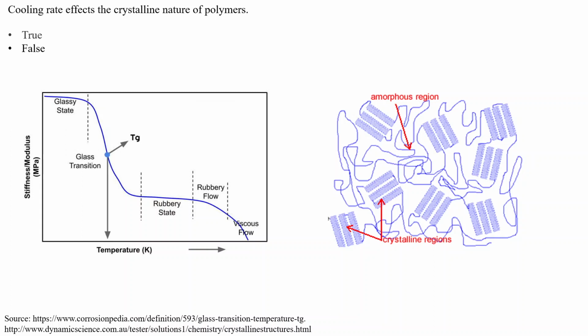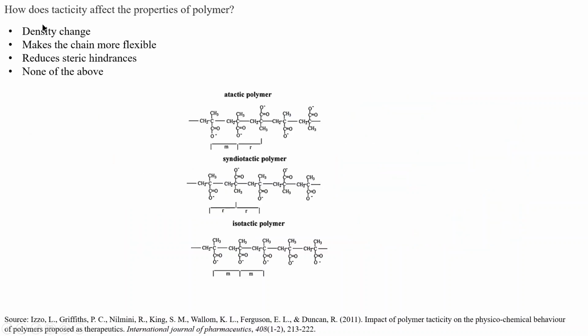We have a molten polymer, and when we give it some shape, we allow the cooling time to be higher so that the crystallinity achieved in the cooled product is much higher than the initial one, since we are changing the shape of the material. So yes, cooling rate affects the crystalline nature of the polymer. It's true.